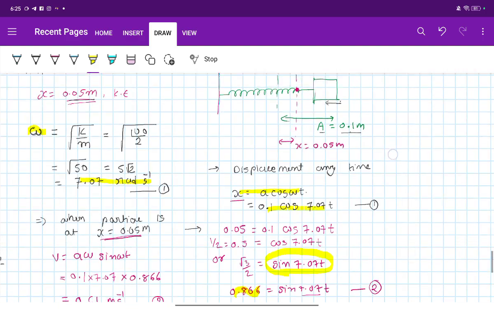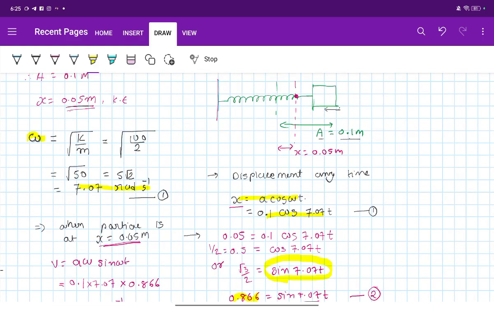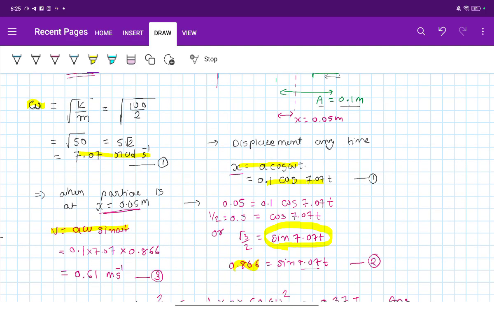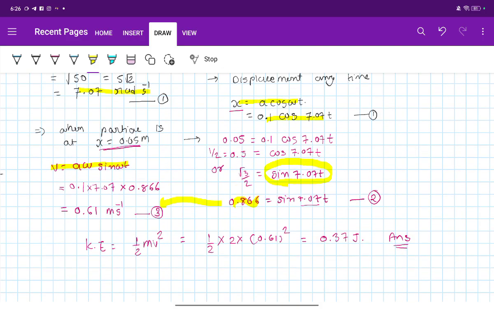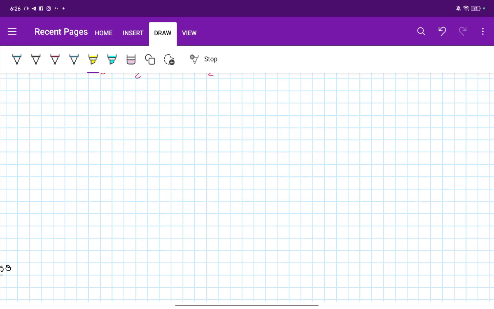We always knew that the expression for kinetic energy is half mv square, so we needed the velocity. So we wrote down the velocity equation, and by plugging in these values we got the velocity, and by plugging this value into the expression we get our answer. That's it. Let's take another question.